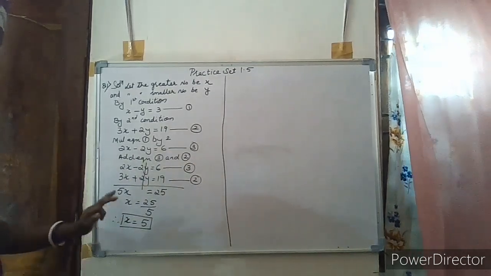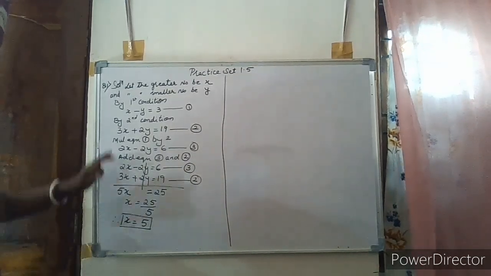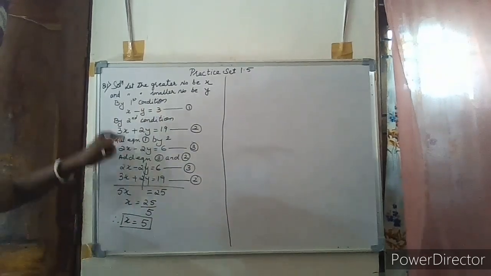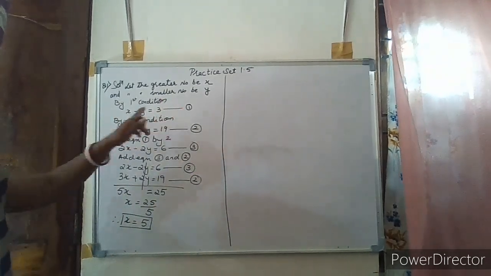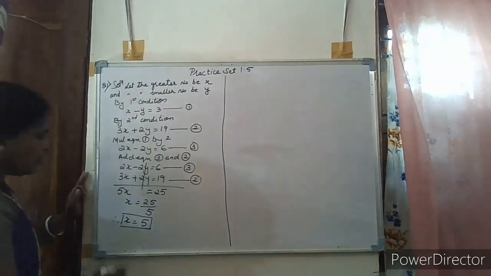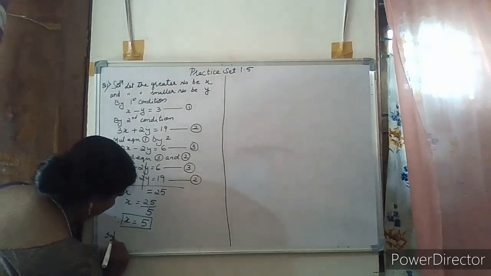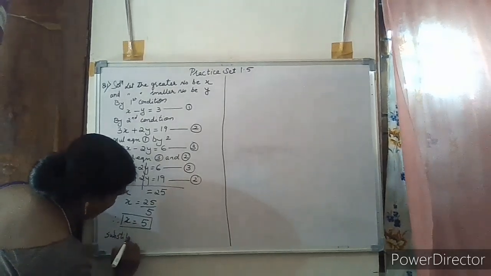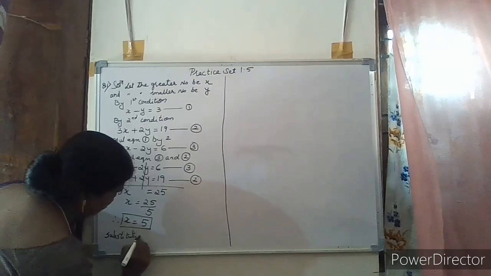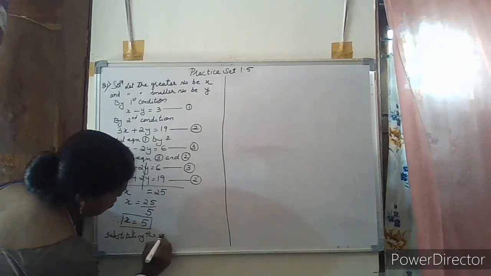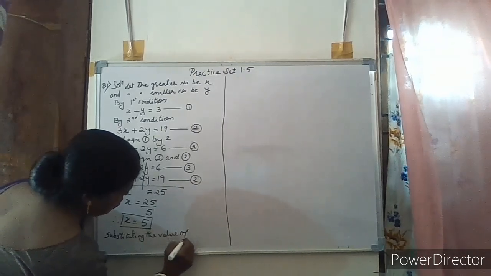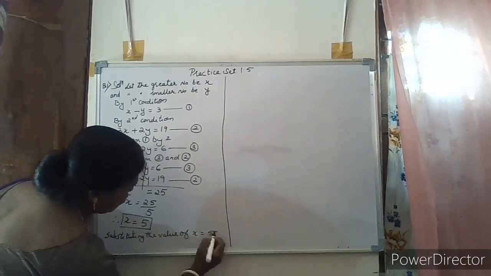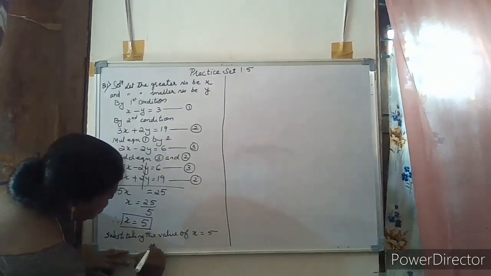Now we'll substitute this x value in any one of the equations. You see that equation 1 is the easiest equation. So substituting the value of x in equation 1.